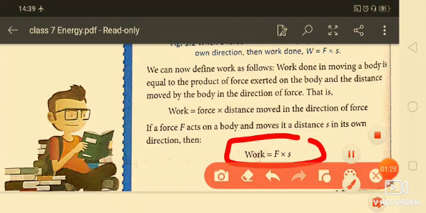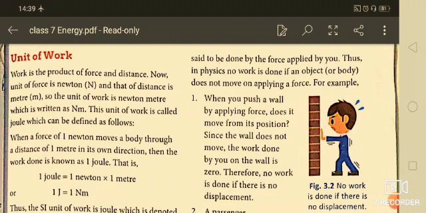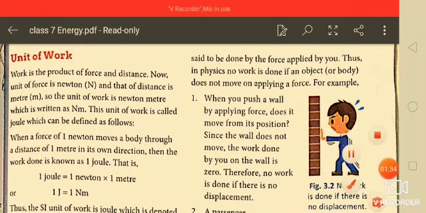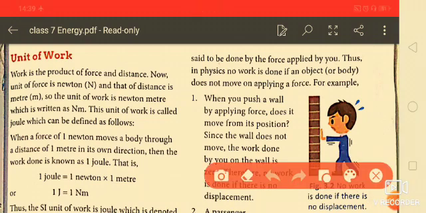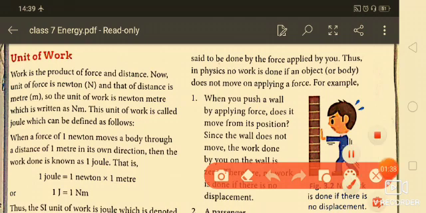Okay. Now next thing is the unit of work. Work is the product of force and distance. Now how will you calculate the unit? The unit of force is Newton, and the distance covered, that means displacement, is in meters.